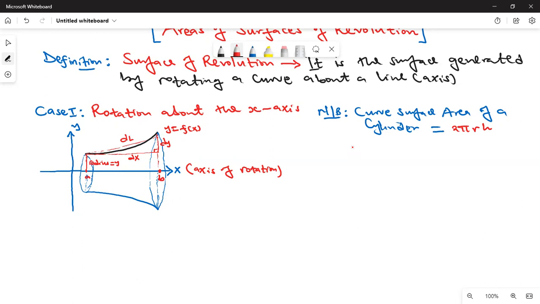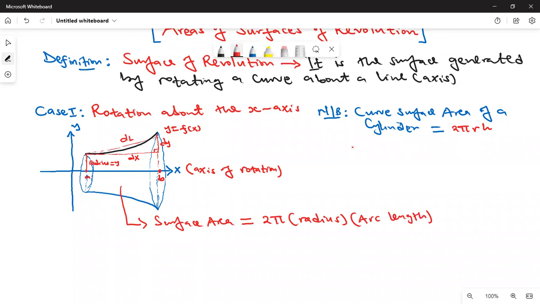So therefore, the surface area, you relate to that of the cylinder, that will be 2 pi times radius times h. In this case, h is the arc length. That's how to find that surface area.